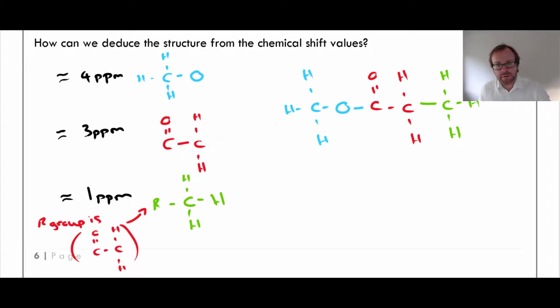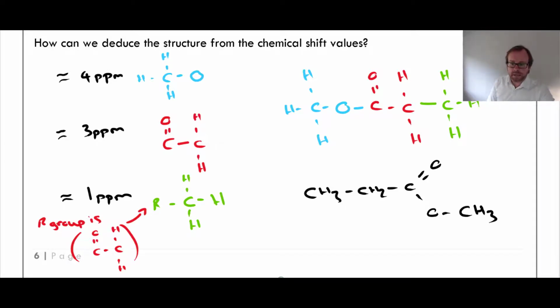Okay, so if I was just going to write this out, just so you can see the other way around, you probably realise it's an ester, and we would call this, what would we call it? Methyl propanoate. Okay, hope that's a little bit clearer now.